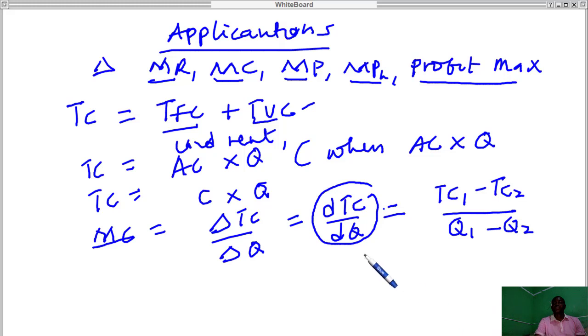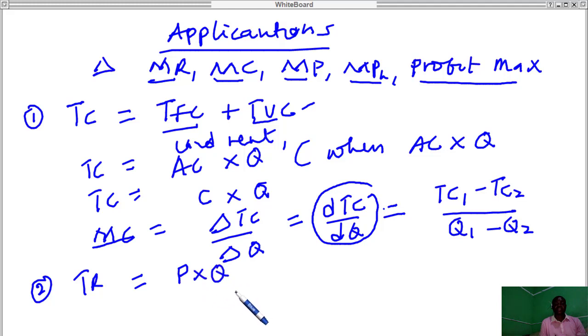Good. So this is the first one, total cost. We now move on to total revenue. Total revenue is price times quantity. Total revenue is also referred to as total sales.